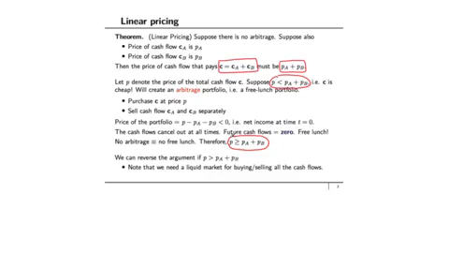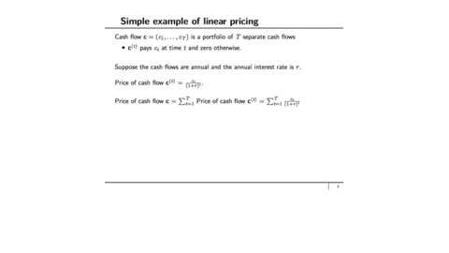Note that we have to have a liquid market for buying and selling these cash flows in order to have this no arbitrage result give us a bound on the prices. Once we have this no arbitrage result, we are going to see how we can apply that to a very simple example first, and then the floating rate bond next.